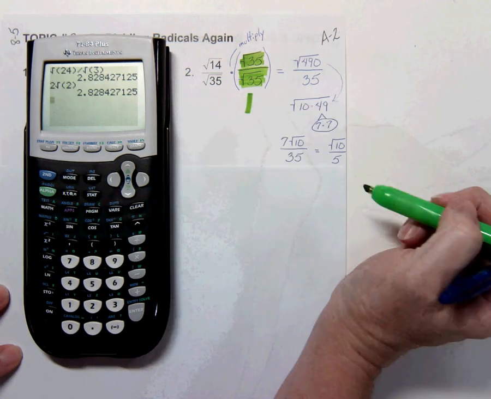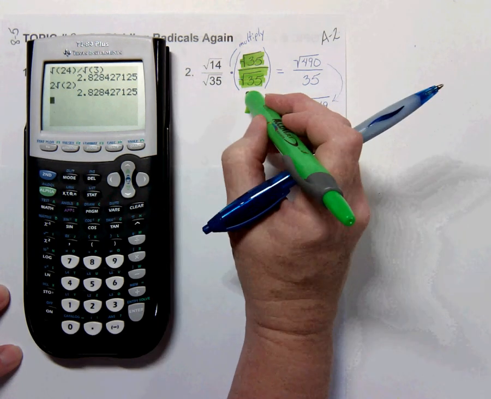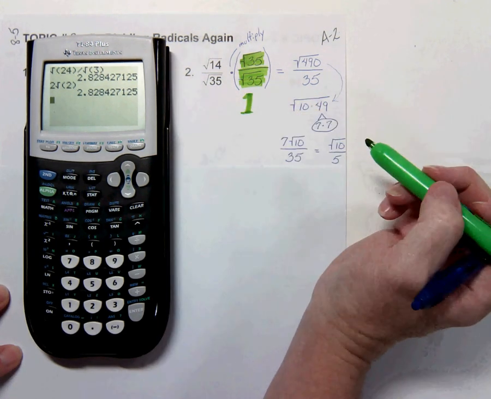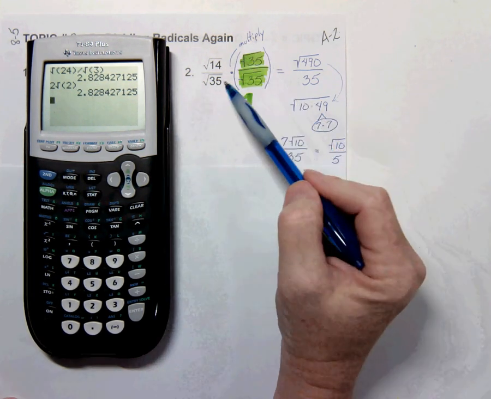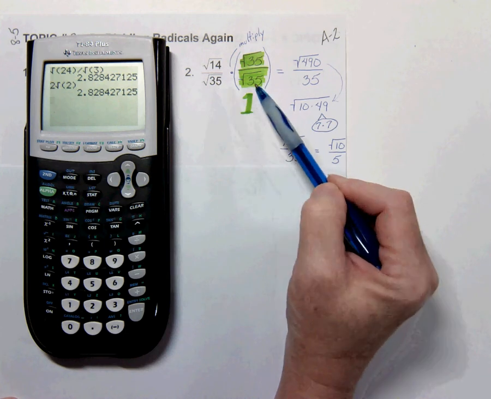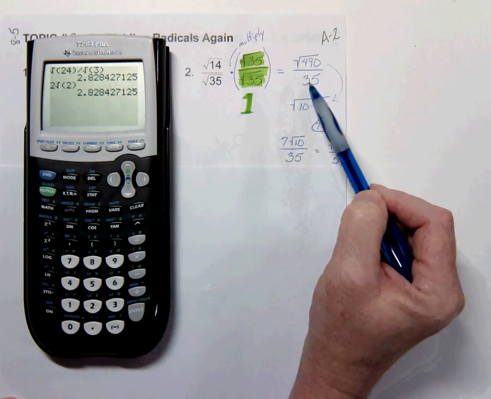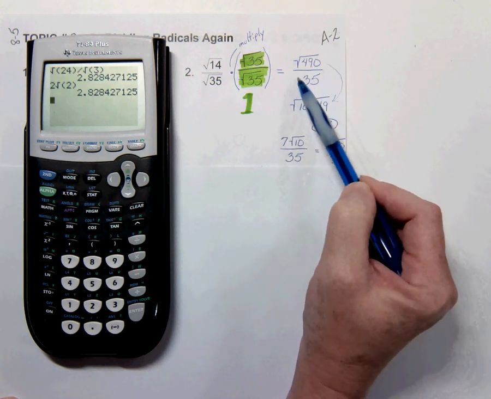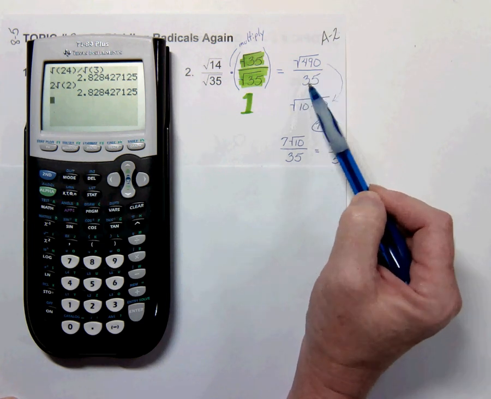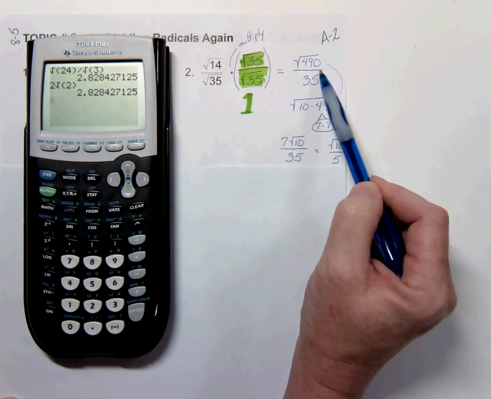That is a product of just 1, the value of 1. So if I multiply anything times 1, all I'm doing here is changing the look of it, but the value will still be the exact same. So in this case, square root of 35 times square root of 35 gives you just 35. Rationalizing the denominator means getting the radical away from, not in, the denominator.